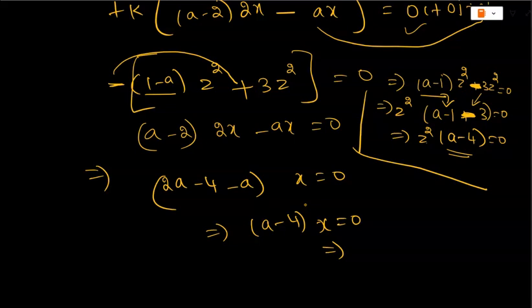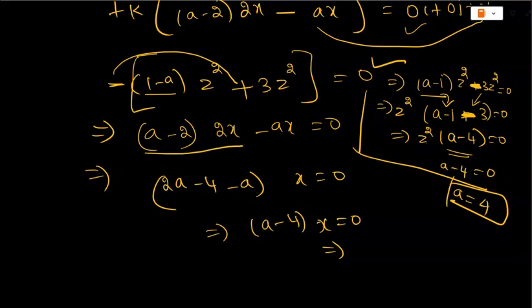This implies z square cannot be equal to 0, so the only condition is a minus 4 equal to 0, which implies a is equal to 4. This we got from the first equation. Similarly, the second equation we got is a minus 2 into 2x. If you multiply this 2 inside, 2a minus 4, and then minus a. We are taking x common from this.